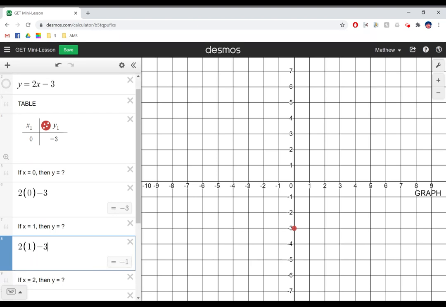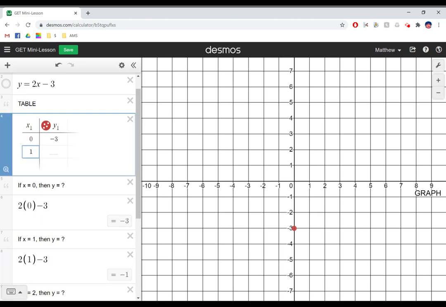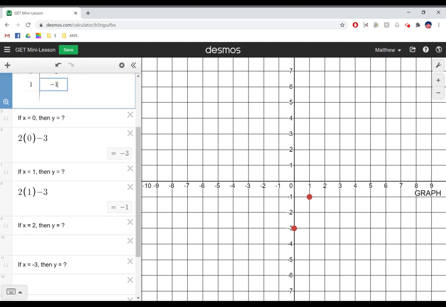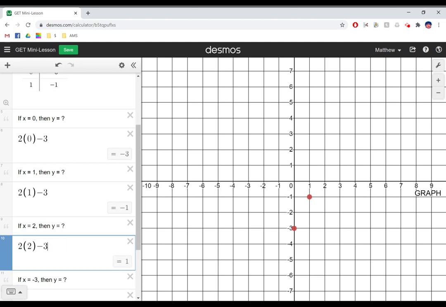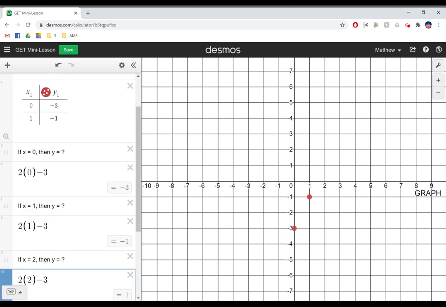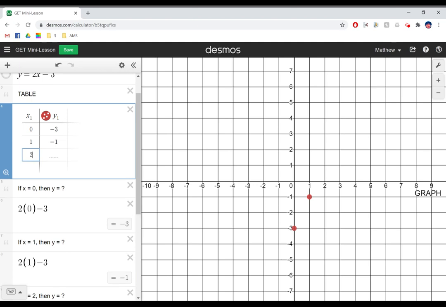Final y value is negative 1. I'm going to keep organizing points on the table. If x is equal to 2, same rule, my y value has to be equal to positive 1.